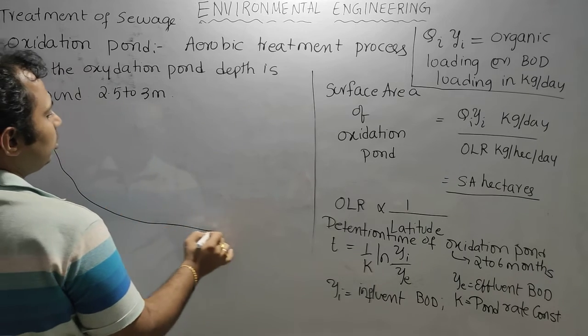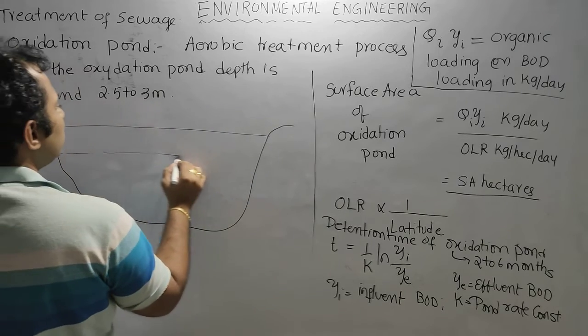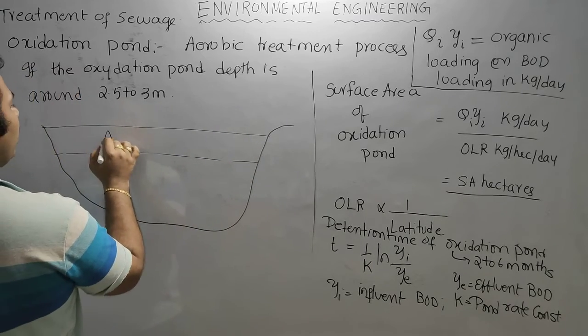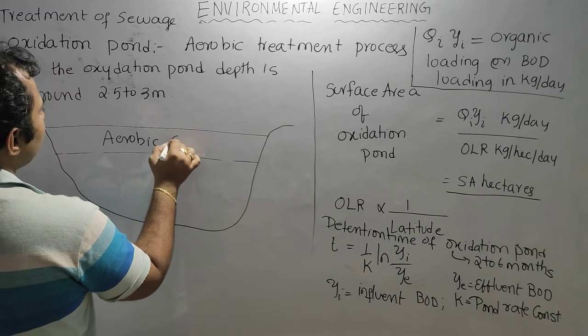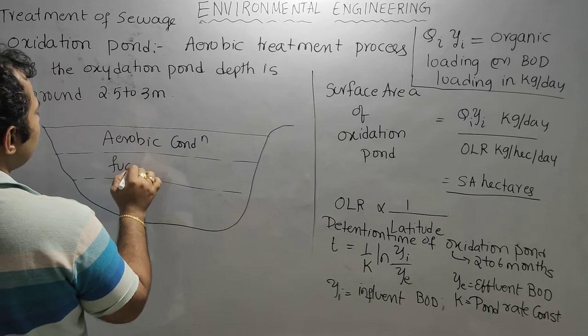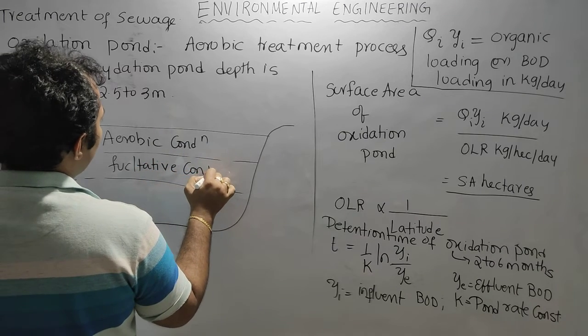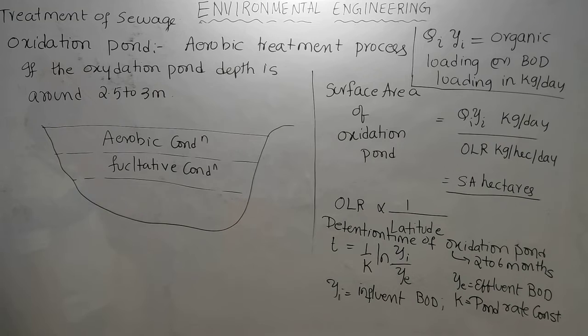In those kinds of ponds, where the depth is very high, the top portion where the sunlight can penetrate will be under aerobic condition. Below this there will be a facultative condition. That means bacteria or microorganisms which can sustain both in aerobic and anaerobic environments will be present.